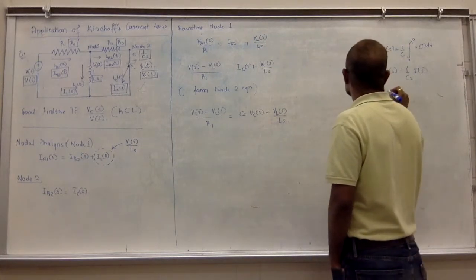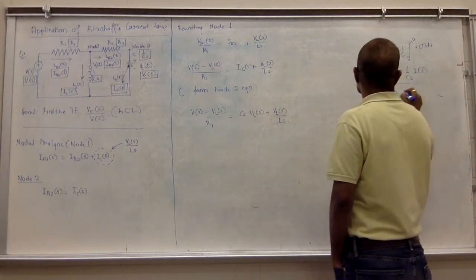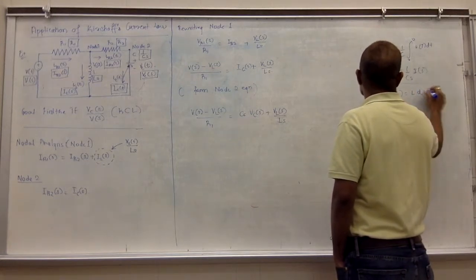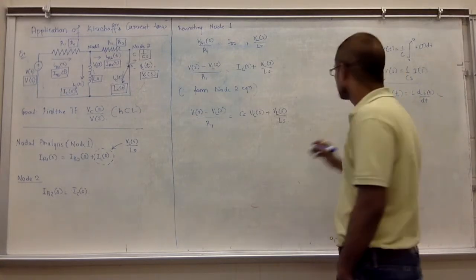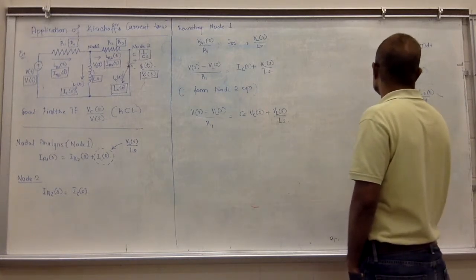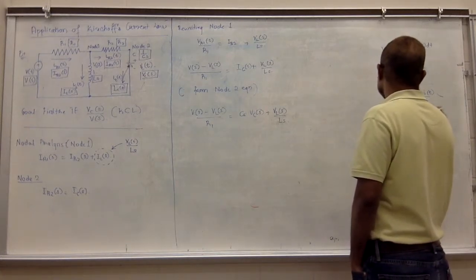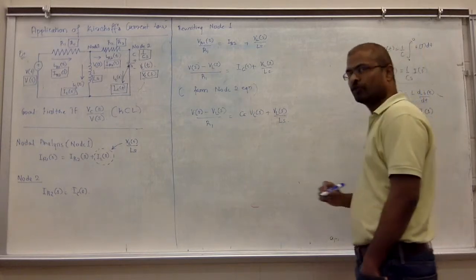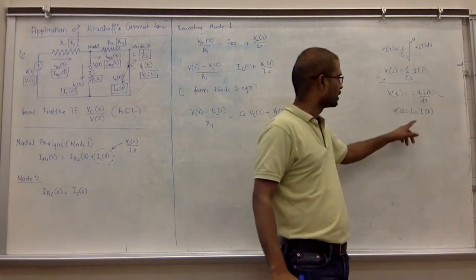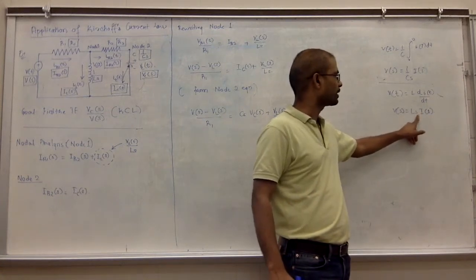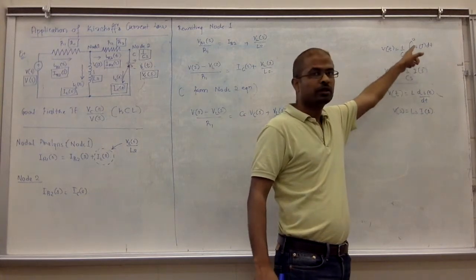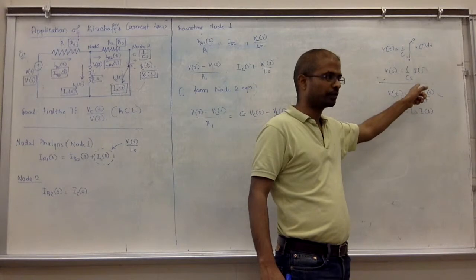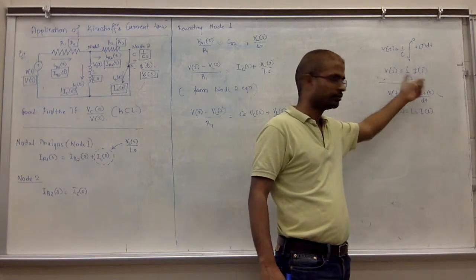And for L di of t by dt, V of s equals Ls times I of s. Just like when you differentiate, an s gets added in the numerator; if you integrate, an s gets added in the denominator. You see the pattern?